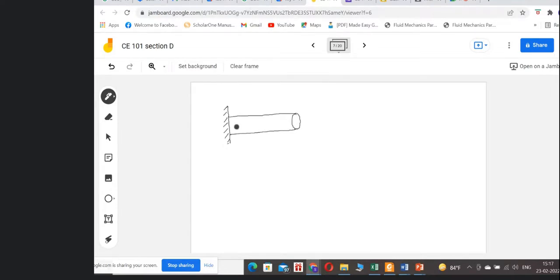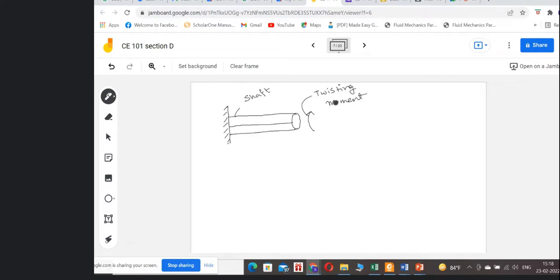So this is the initial position of this shaft. Here some twisting moment is acting. Say the initial position is somewhere on the outer surface of this shaft.